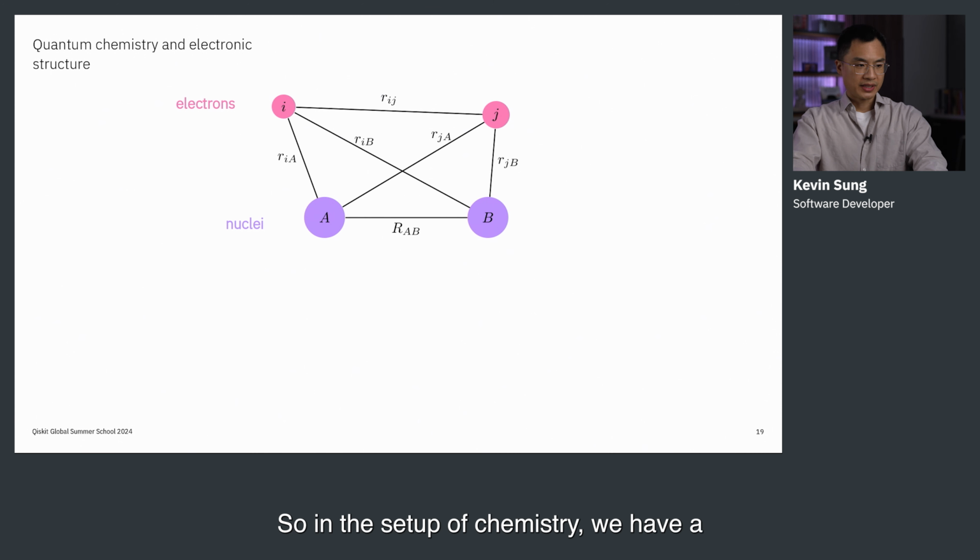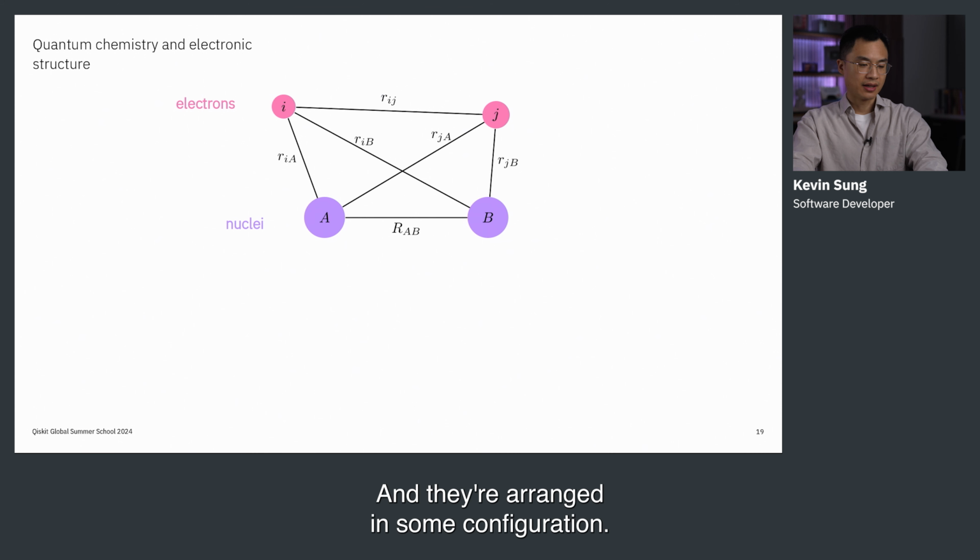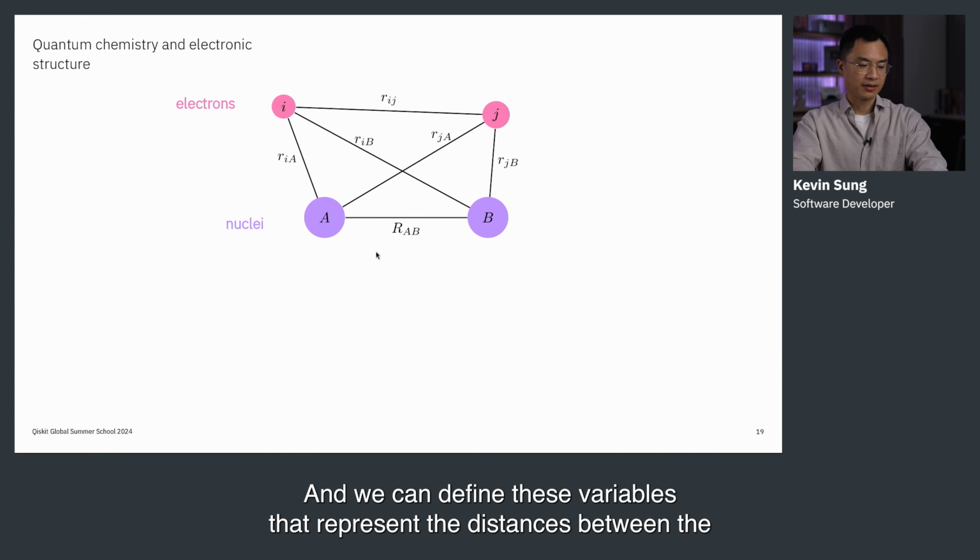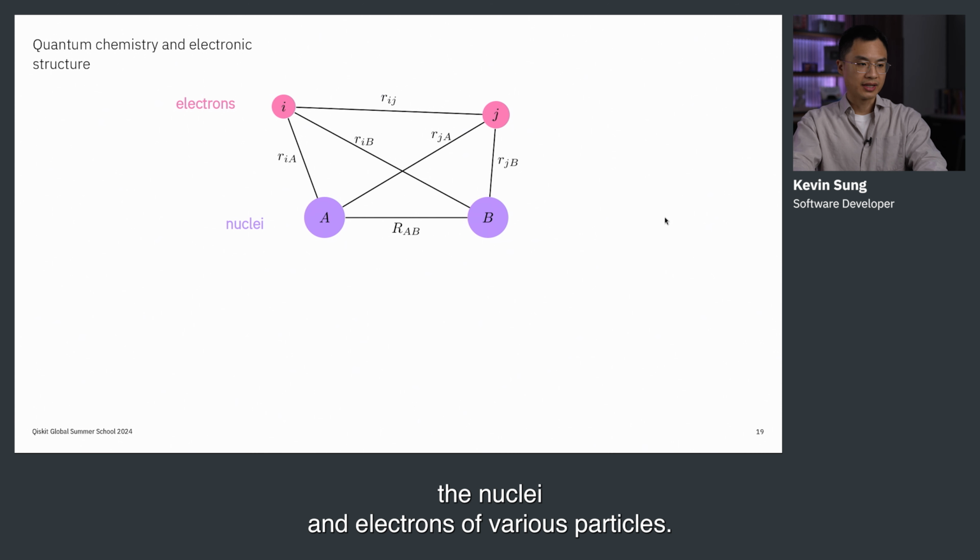So in the setup of chemistry, we have a number of nuclei and electrons, and they're arranged in some configuration, and we can define variables that represent the distances between the nuclei and the electrons, the various particles.